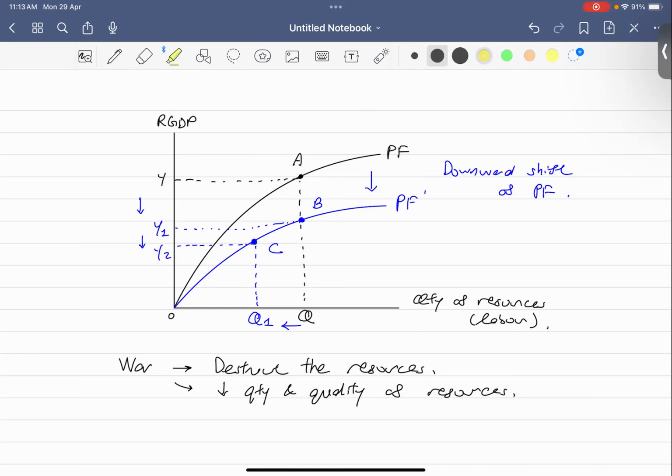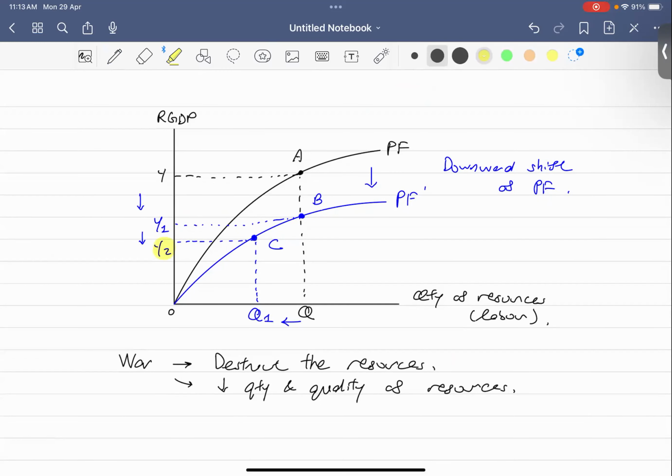So at the end, you can see you have less productivity and less quantity of your resources from point A to point B to point C. So for this one, what we need to observe is the downward shift of the production function, and also the movement of points.